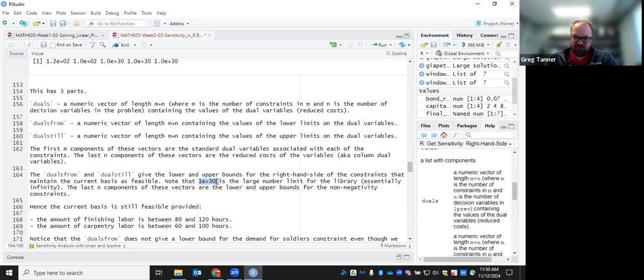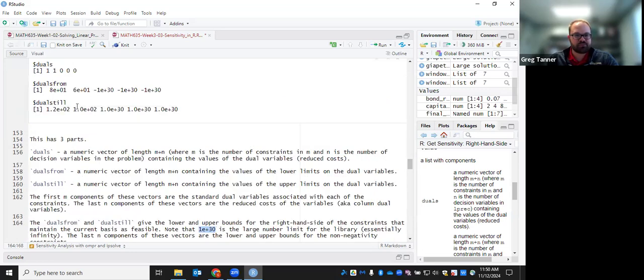Essentially, it's saying, as far as lpsolve is concerned, it's infinite. Okay. So looking at the first 2 entries here, we see 8e1, which is 8 times 10 to the first, or 8 times 10, excuse me, 80, to 1.2e2, so 1.2 times 10 to the second, or times 100.